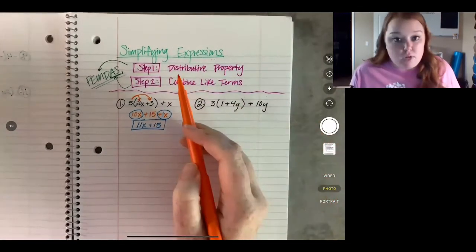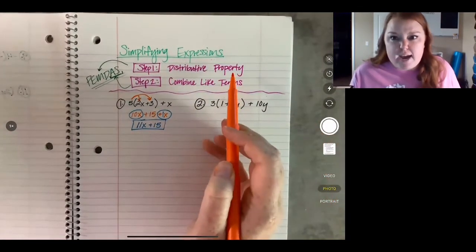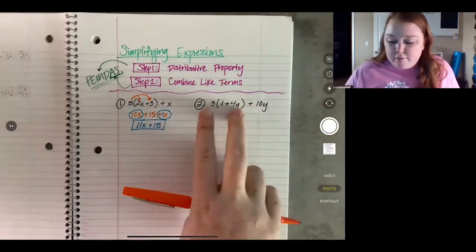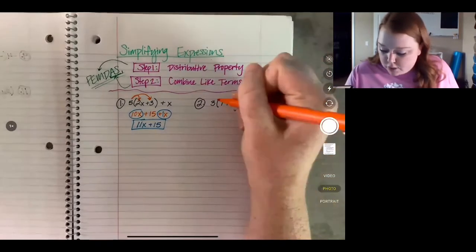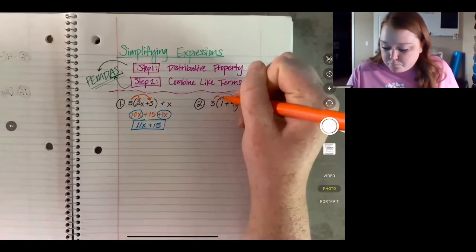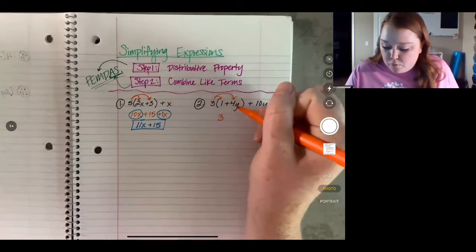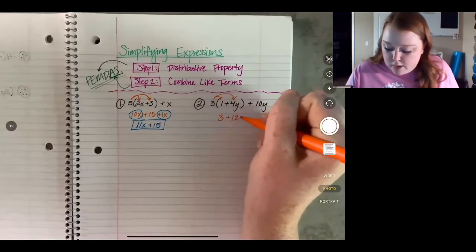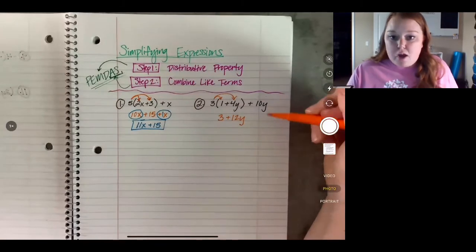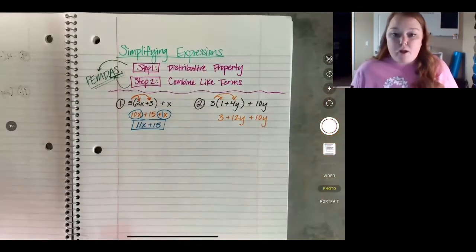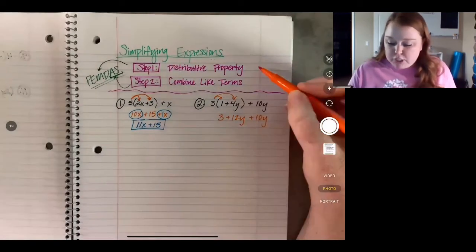So distributive property first, because I have to multiply before I can add or subtract, right? So my eyes see that right here. So I start distributing that 3. 3 times 1 is 3. 3 times 4y is positive 12y. And then I just drop down anything that's left over.